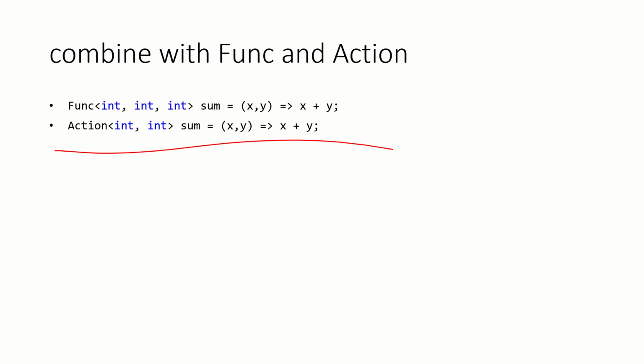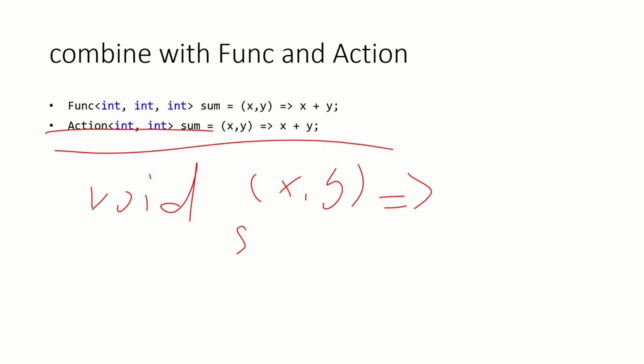Okay. Then tell me what this line is trying to do. Yes? Mm-hmm. It doesn't return anything. Okay, you do the same thing, but it doesn't return anything. So basically, this is return. Okay. So using the lambda, you can do something like this.